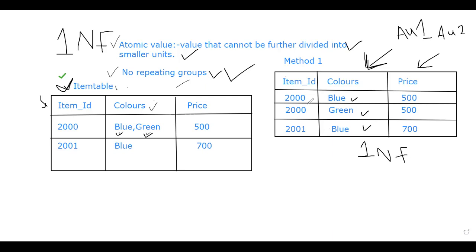Now, some students will think that, okay, but we studied that the reason we need to do normalization is to reduce redundancy. But here we are repeating the same things now. Some students may think, okay, here 2000 and again 2000, and price 500 and again repeated. So normalization, my guys, is a step-by-step process. From first normal form, we are moving to second normal form.